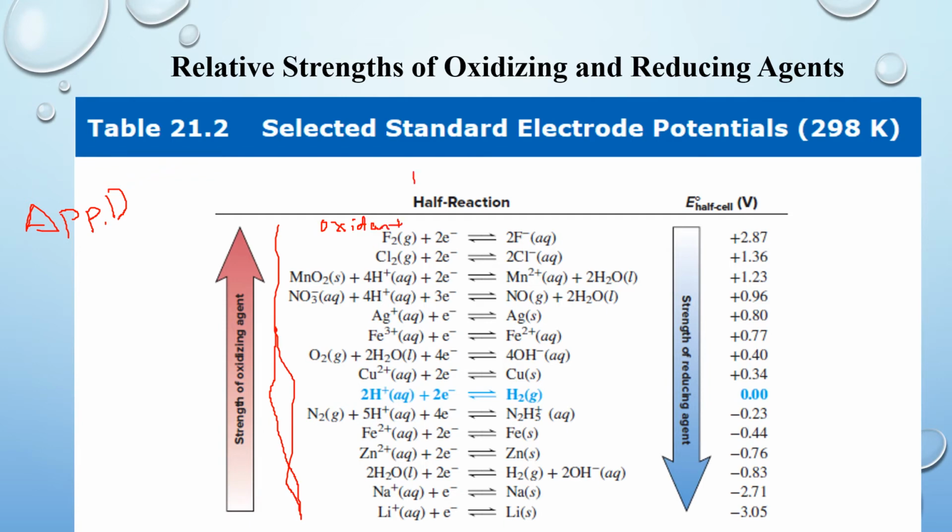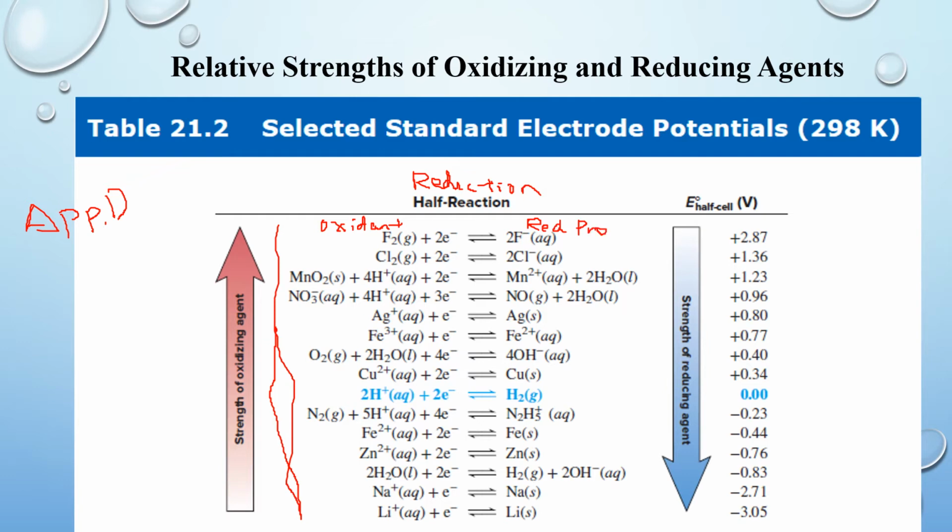This is a reduction process, so the oxidant is being reduced. So first, every equation here is a reduction. On the left hand side is the oxidant, which is being reduced. On the right hand side it is the reduction product.